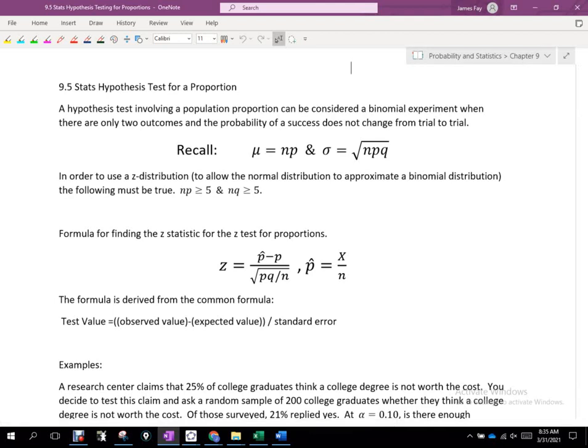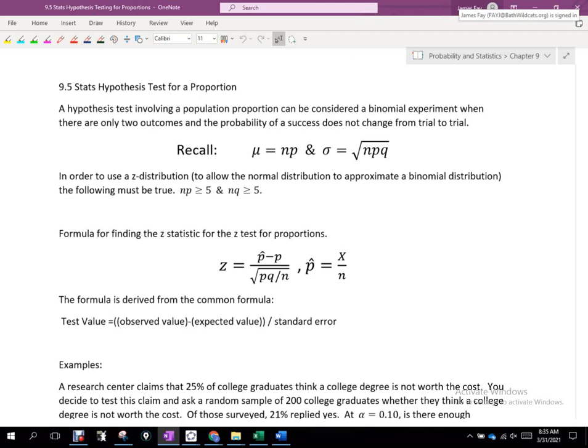So in order to use a z distribution, because that's what we're going to try to go to now: we've used a z distribution for means with sigma being known, and then we used a t distribution for sigma being unknown. Now we're going to go to proportions using the z again.